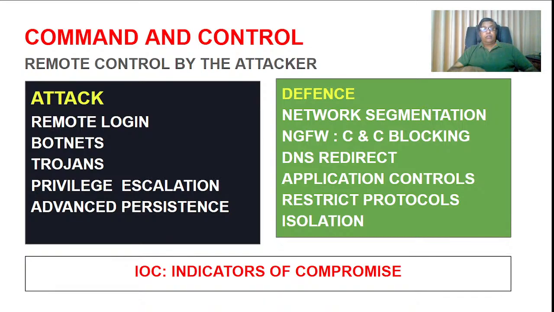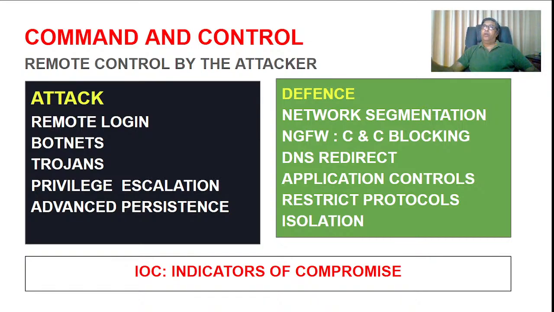And Trojans, privilege escalation, advanced persistence. The defenses are: segment your network. People cannot just move from accounts to marketing. NGFW, command and control blocking, DNS redirection, and many application controls are there.